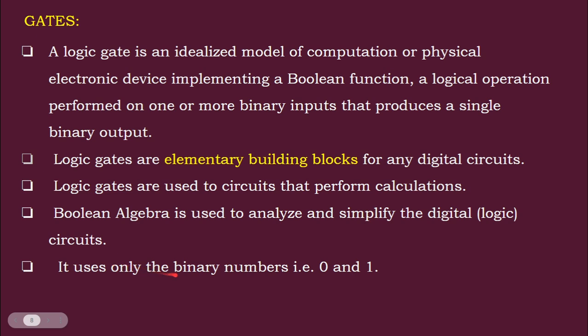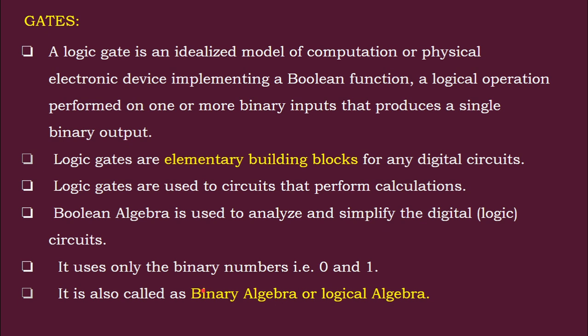It uses only the binary numbers 0 and 1. It is also called binary algebra or logical algebra. Why? Because it has the value 0 or 1, and it also produces the value 0 or 1. So logically we say on is 1 and off is 0.